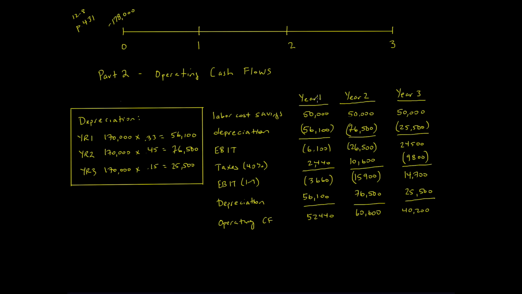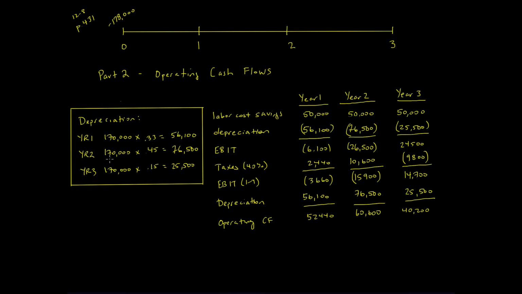So the way that I calculated year 1 depreciation is I took my $170,000, multiplied by 33%, and got $56,100. Now remember, depreciation is an expense. So I'm going to show it as a negative item under year 1. In year 2, my depreciation rate goes up to 45%.